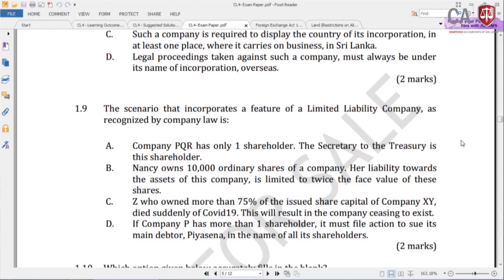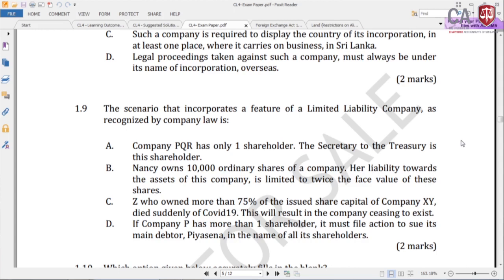Then statement D is, if company P has more than one shareholder, it must file action to sue its main debtor Piacena in the name of all its shareholders.